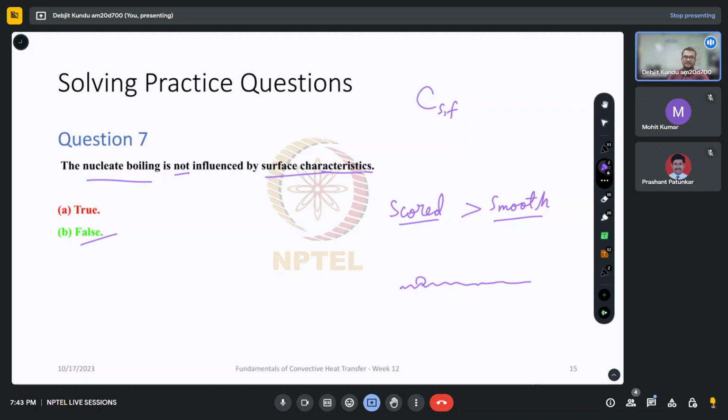It comes from experiments. The physical reason is that due to more roughness, the local surface area increases and that enhances the heat transfer. To capture that mathematically, C_sf comes into play. It's not that because of C_sf these things are happening. These things are happening due to physical reasons. C_sf is just capturing that effect mathematically. Okay, sir.